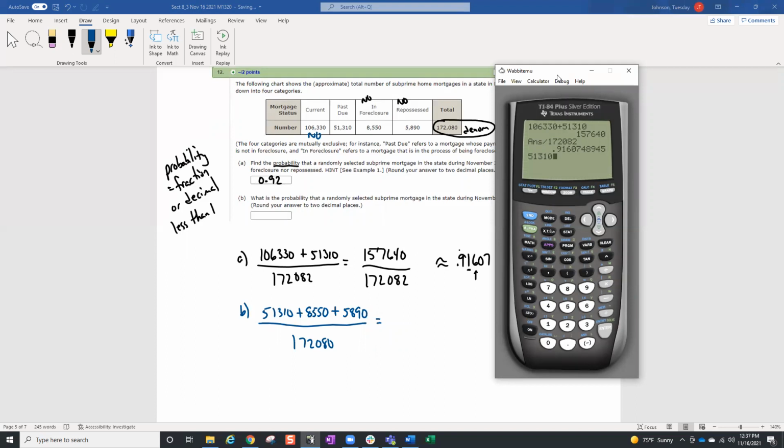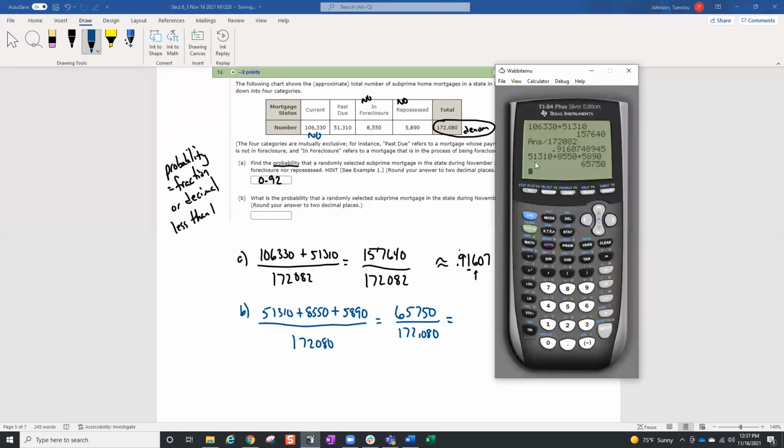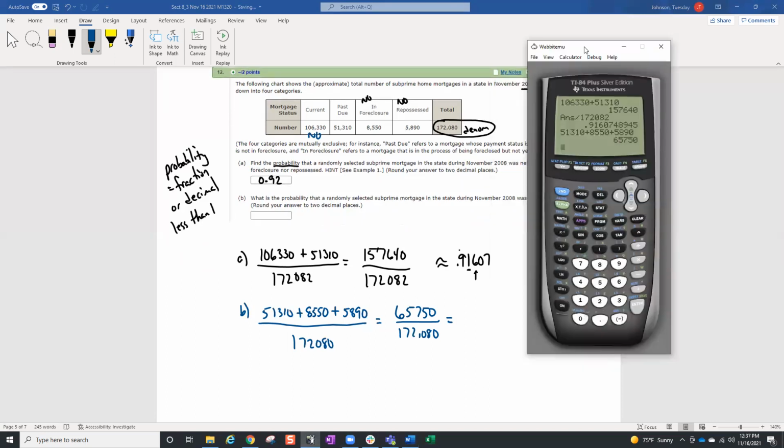So, or we add, bring out the calculator. I'm not going to say them out loud. 65,750. And then we're going to find the decimal for that. So we'll divide it again by our total. I'm going to make sure that I messed this one up.